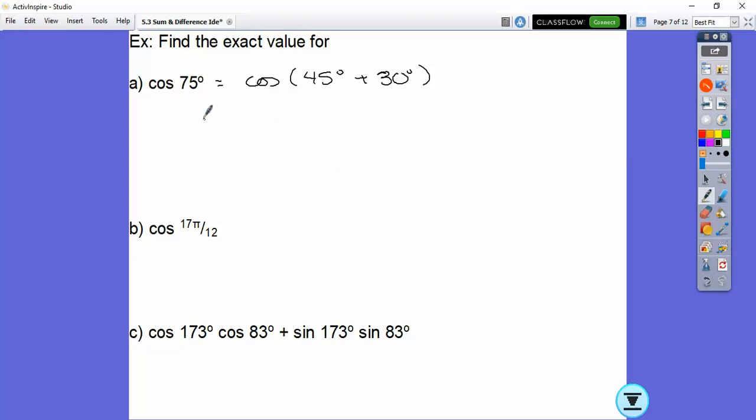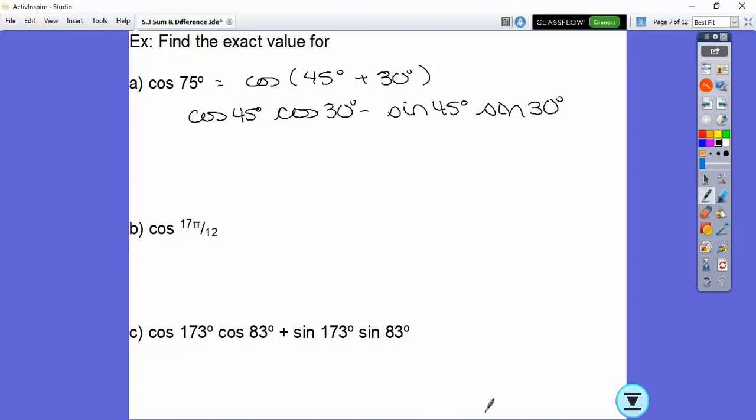Cosine of A plus B is cosine of A, so cosine of the first, times cosine B, cosine of the second, minus sine A, sine of B. So we still have to know these values from our unit circle or the hand trick.